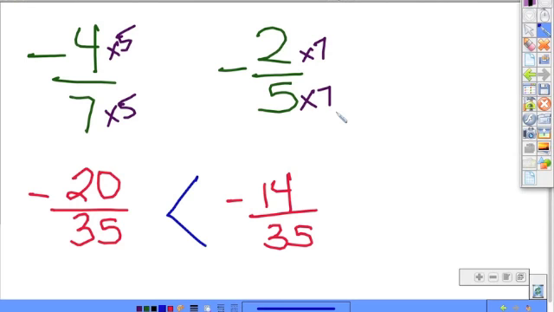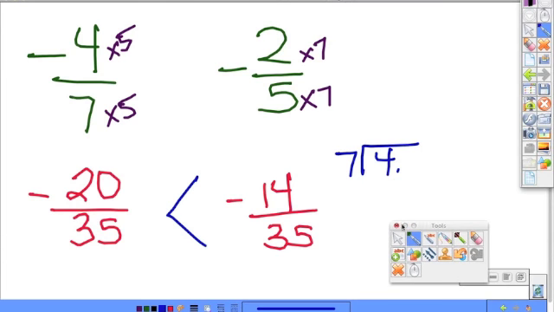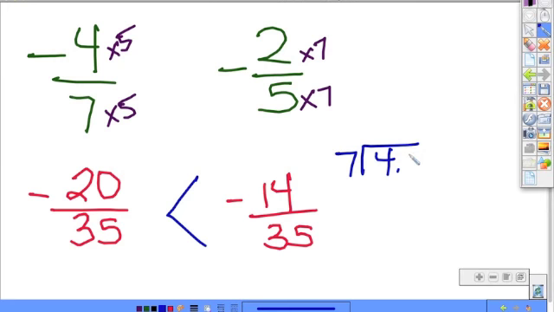Okay, now if you didn't want to do it with finding the common denominator, that's fine. You could have just gone ahead and divided this out, and I'll just show you what that looks like real fast here. Close these boxes out. Okay, so we have 7 going into 40. Well, how many times would that work? It would go in 5 times, which would give me 35. Now I'm going to go ahead and just leave it there.